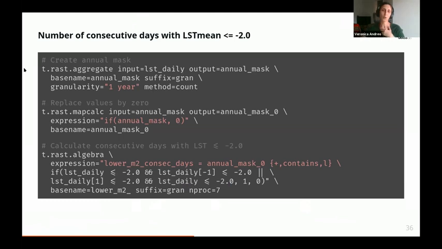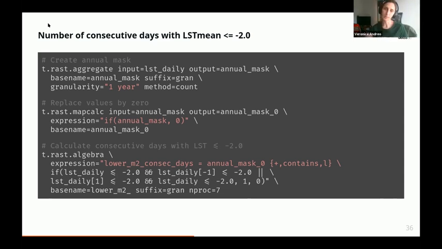And yet a more complicated example, this is the last one, I promise. We want to know, for example, the number of consecutive days that meet a condition. So for mosquitoes, for example, the minimum temperature is a limiting factor, okay, because the eggs die, basically.